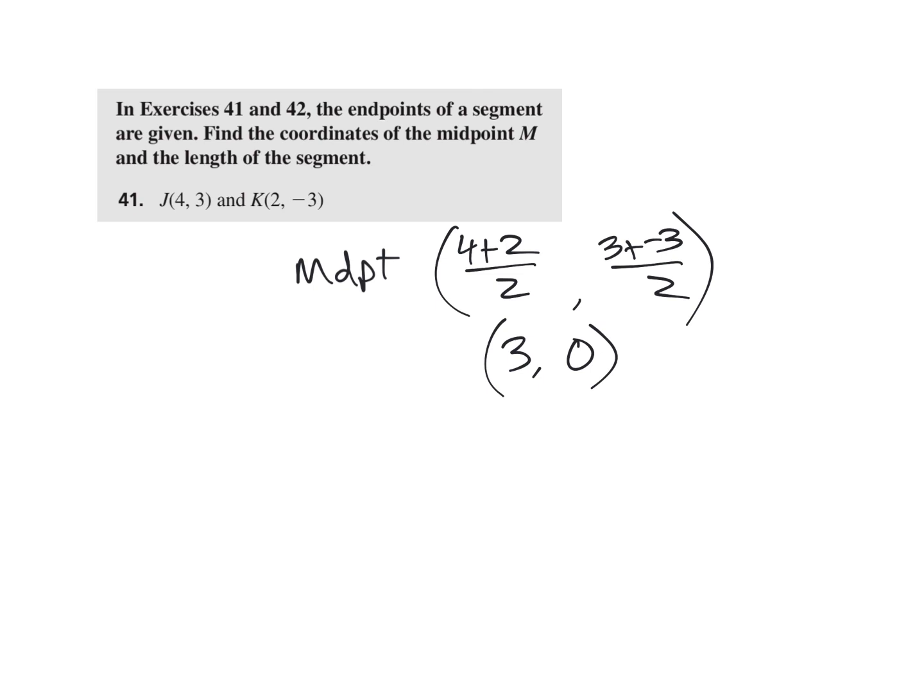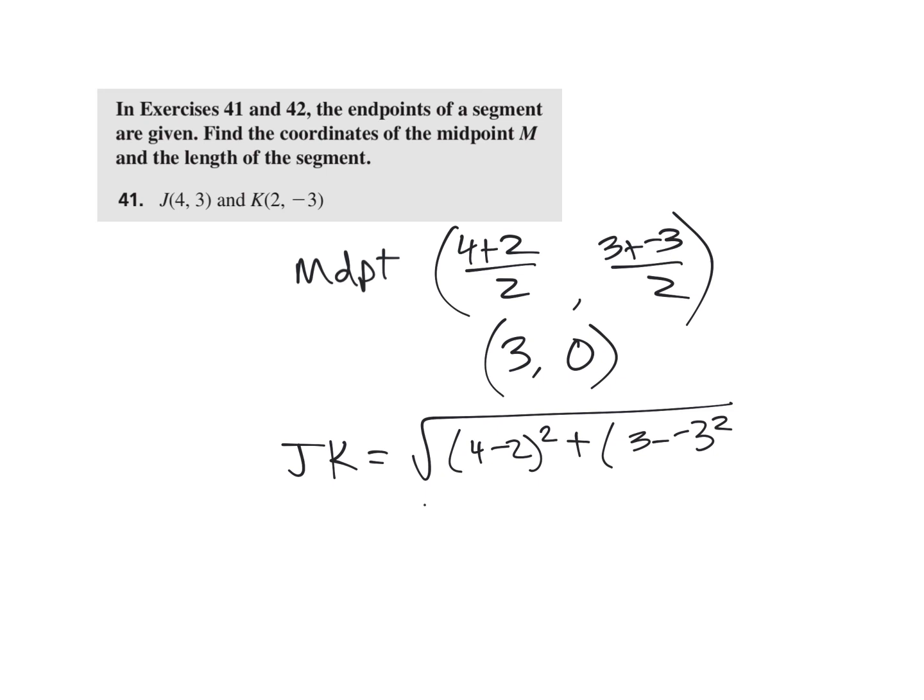Now the length of the segment, so now we're doing distance, JK. Notice there's no line above J and K. So x minus x, 4 minus 2, and 3 minus a negative 3. 4 minus 2 is 2. And change for the minus sign, that's 6 squared.